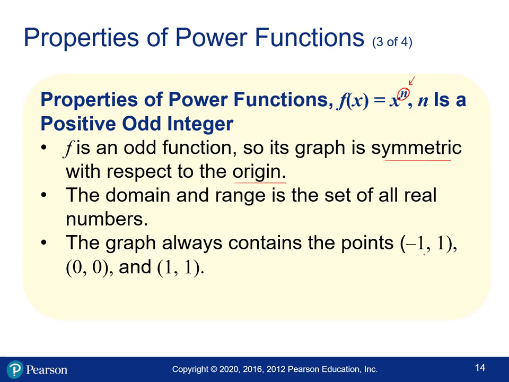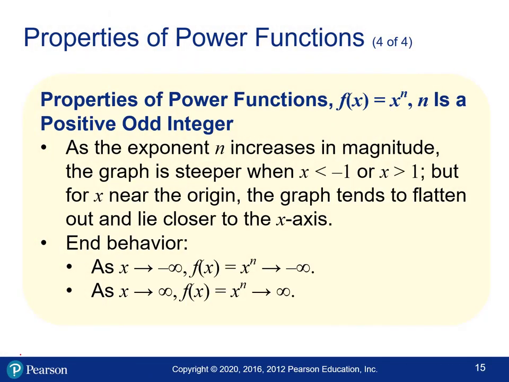The graph contains the same 3 points, (-1, -1), (0, 0), (1, 1). And then here's what happens as we go to the ends, and also the steepness. It's going to look steeper again to the left of -1 and to the right of 1, but it's going to look flatter as we get closer to the origin.